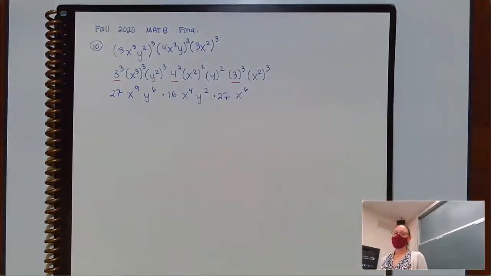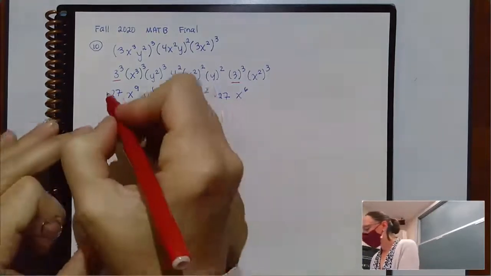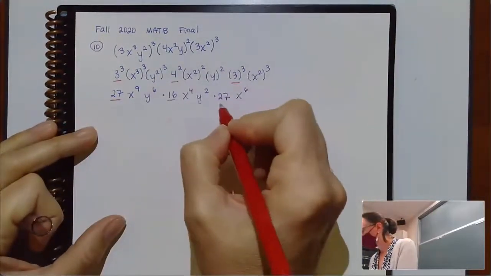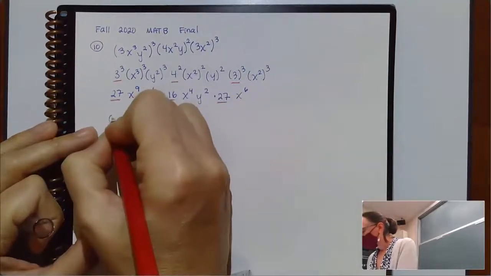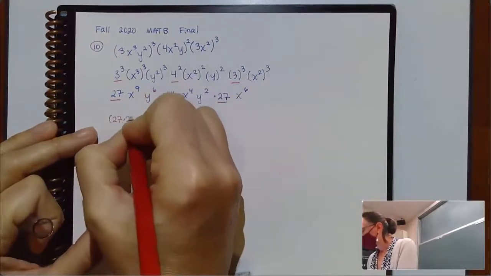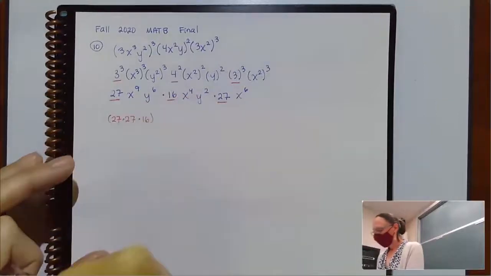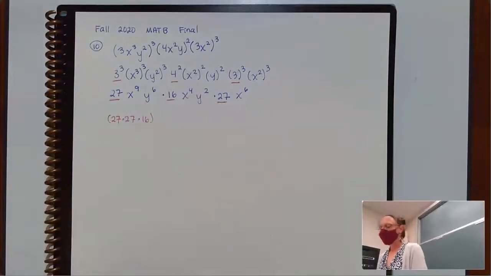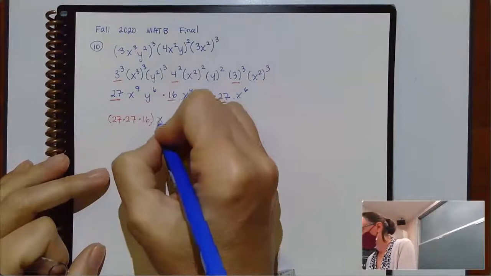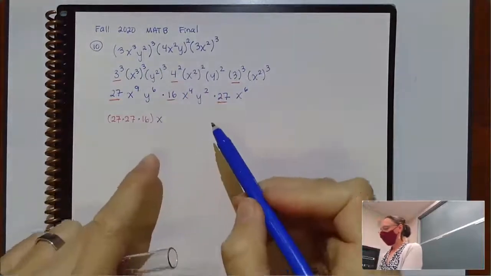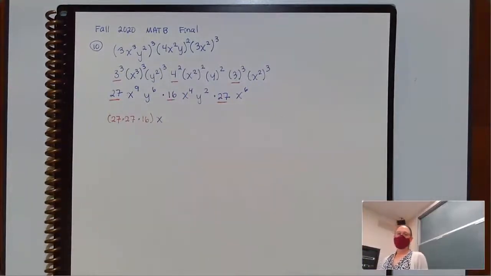Now, when I go to combine things further to simplify, I'm going to group my numbers together, and I'm going to group my variables together. Everything is multiplication at this point. And when I multiply 2 things with the same base, I'm going to add those exponents.